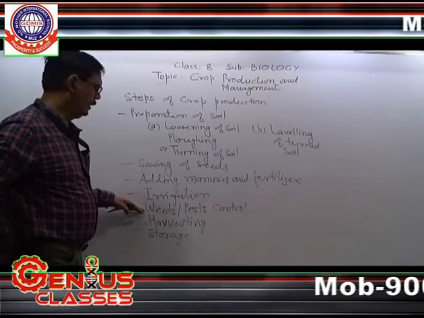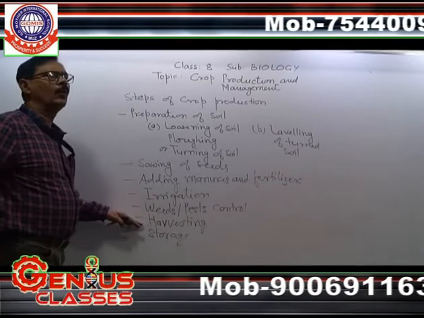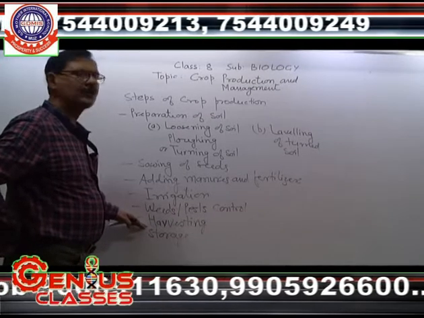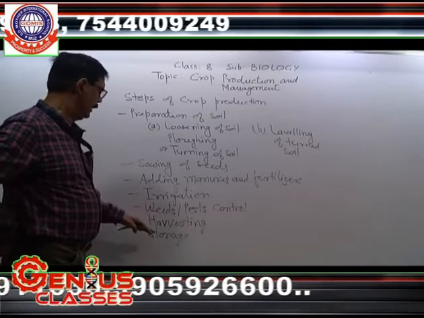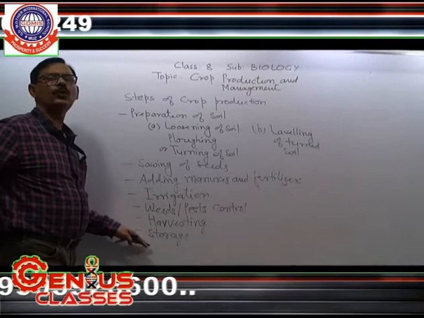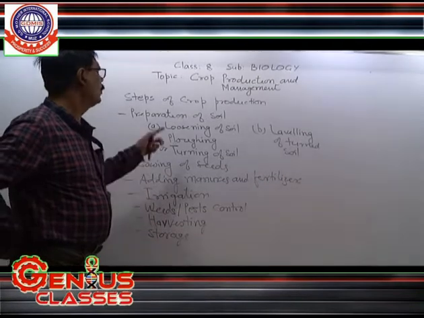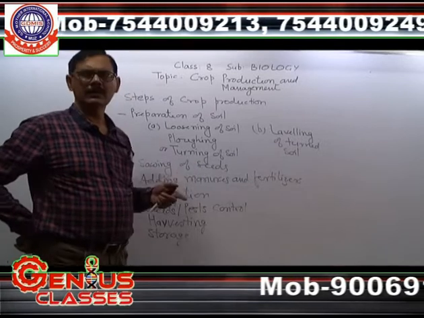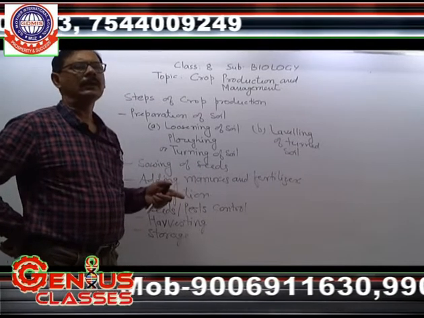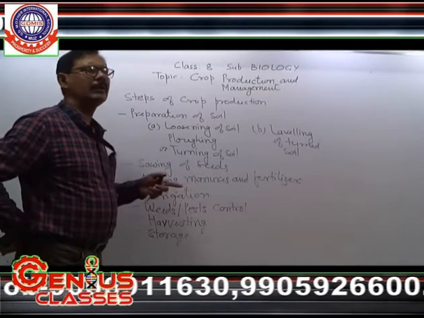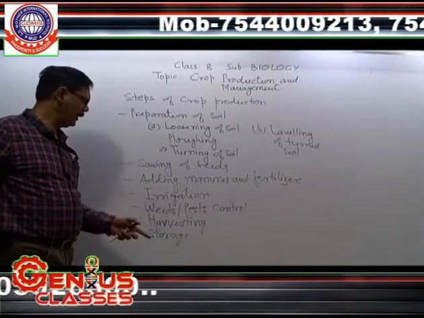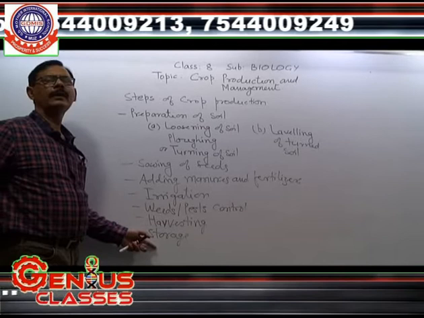Those are to be cleared. Then once the crop becomes ready, that has to be harvested, and finally that has to be stored properly, because whatever crops we are growing are not utilized at once. That should fulfill the requirements for the next year as well. So that's why proper storage is also very, very important.